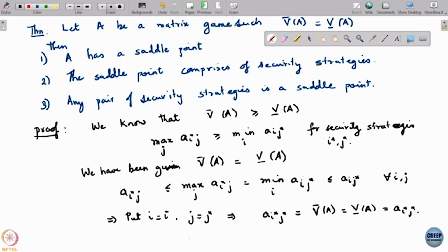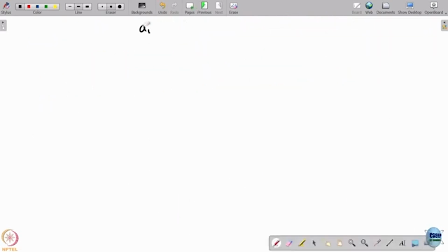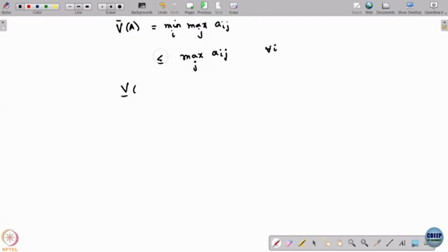Alright. Now what this in particular means, now remember what was V upper bar A? V upper bar A itself was equal to the min over i max over j of A i j. So in other words, this was always less than or equal to max over j, and V lower bar A is max over j min over i A i j.